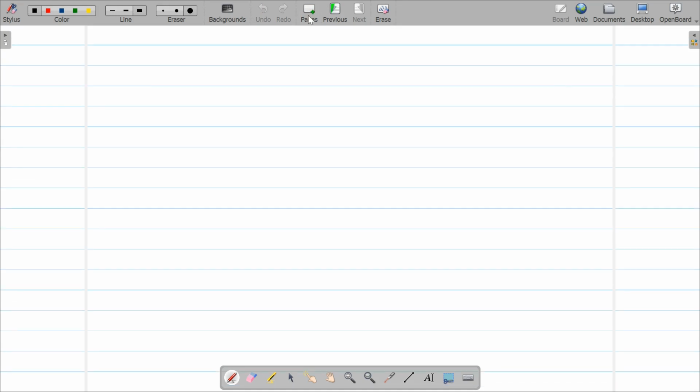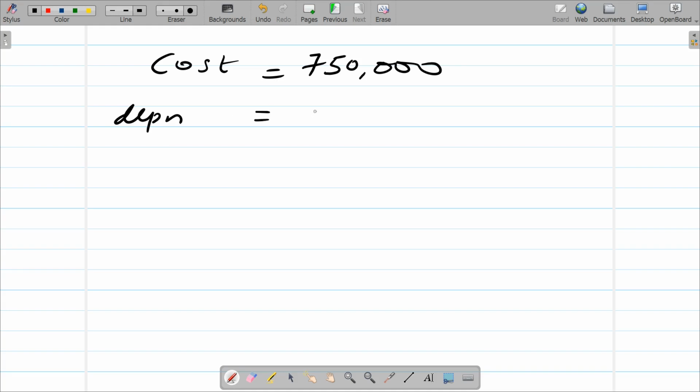So let's calculate the carrying amount. We know that the cost is equal to 750,000, then the depreciation is equal to 150,000.